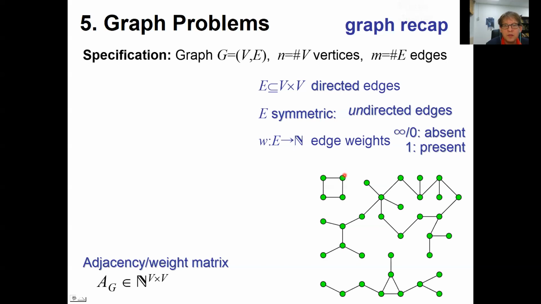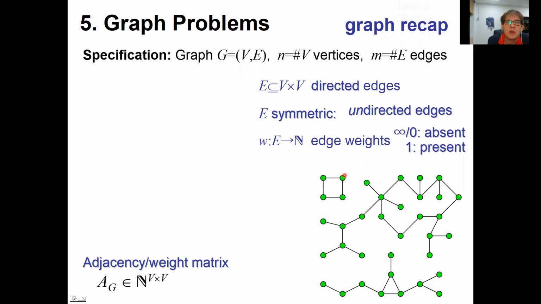The rows of the matrix are labeled with vertices, the columns of the matrix are labeled with vertices, and the entry with indices i, j, corresponding to vertex i and vertex j, is 0 if the edge is absent, and is 1 if the edge is present, and is 17 if the edge has weight 17, and so on. So we can, in this way, represent both unweighted and weighted graphs as adjacency matrices.